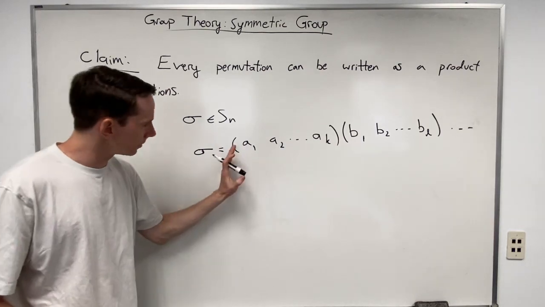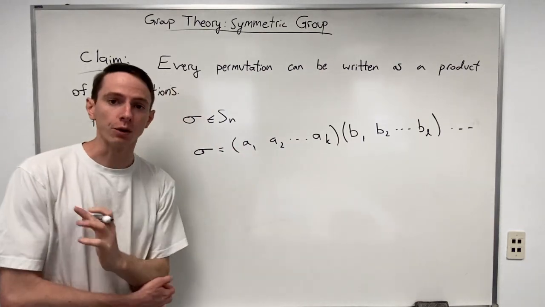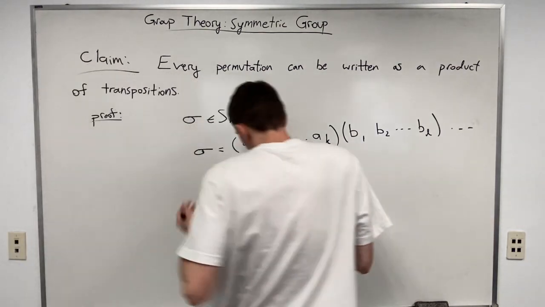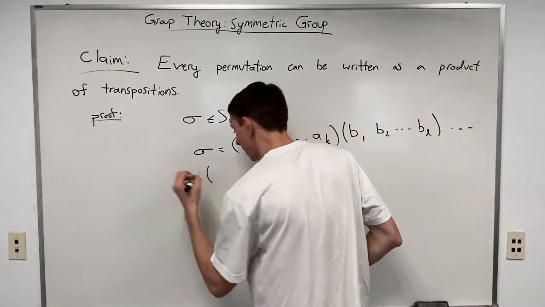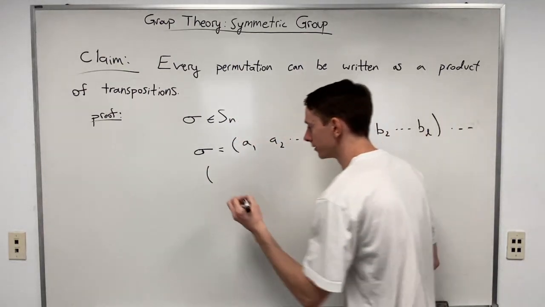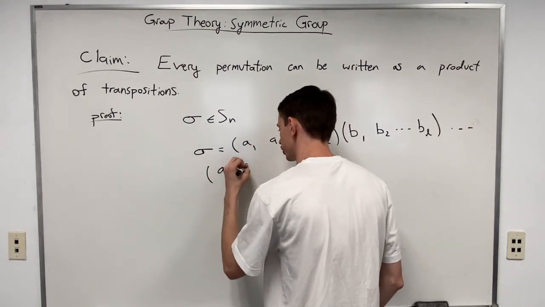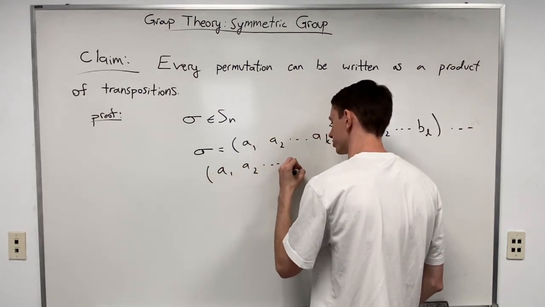So let's look at this first cycle, this K cycle, A1 through AK. I think we can almost do this in one line, but the best way of verifying this is to go through a simple example afterwards.